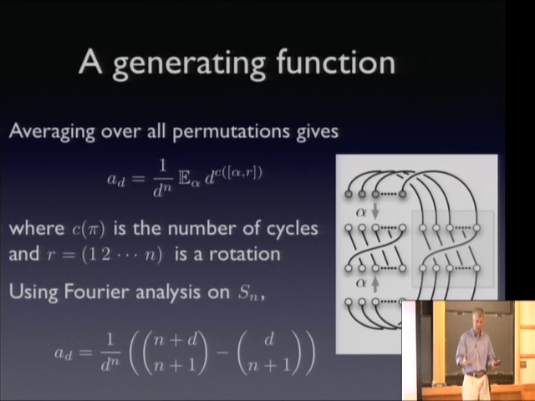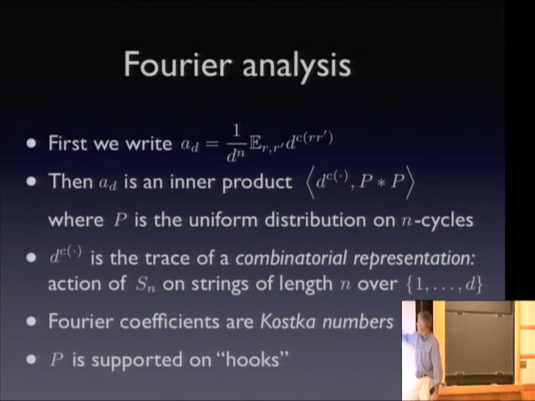It depends only on the conjugacy class of the argument. Because it's a class function, I can introduce an extra conjugation in here, and then it turns out that this is also the convolution of a class function with itself. It's the convolution of the uniform distribution on n-cycles with itself.